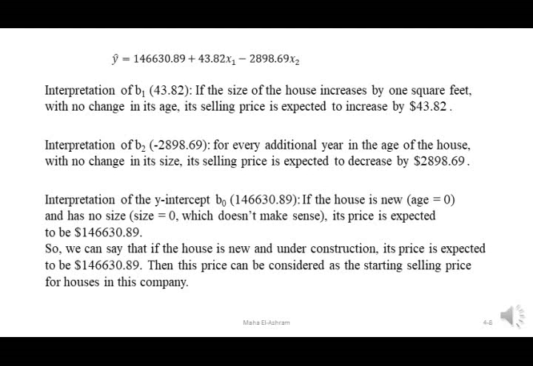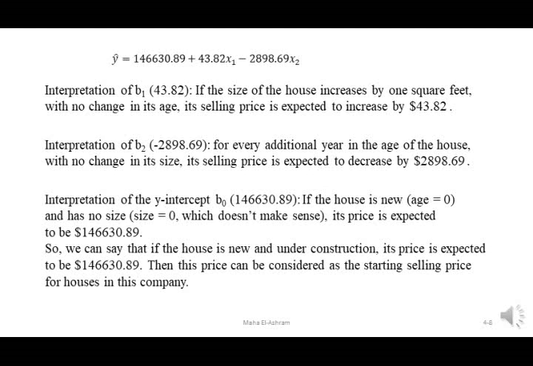Let's say x1 is the size of the house, correct? So according to this, if the size of the house increases by 1 unit, which is 1 square foot, then the selling price is supposed to increase by 43.82 since b1 is positive.